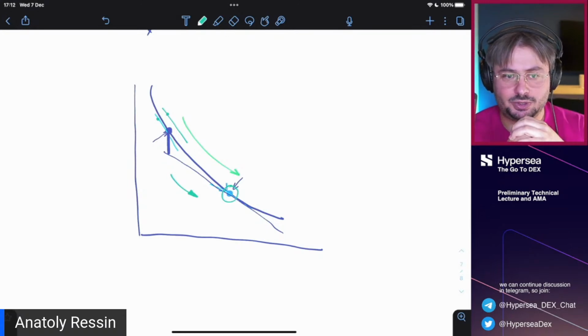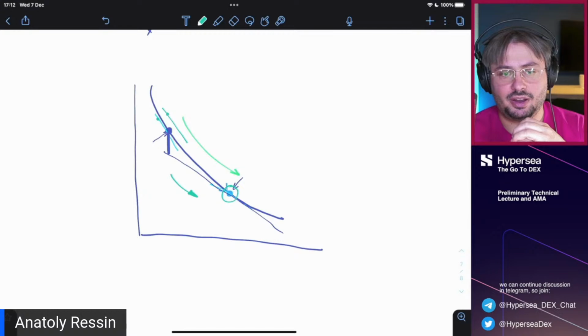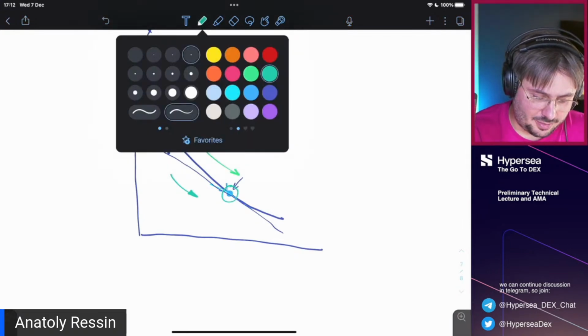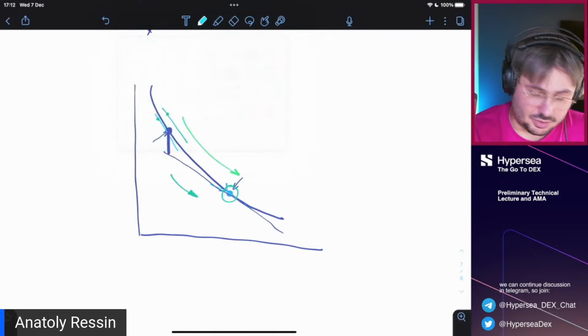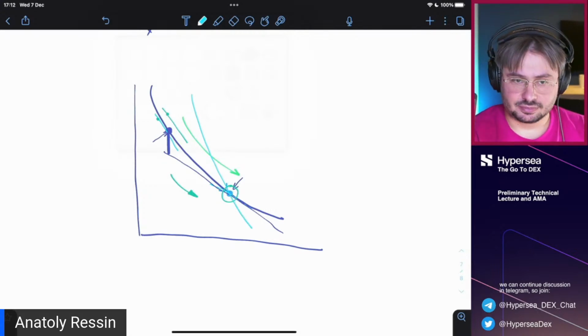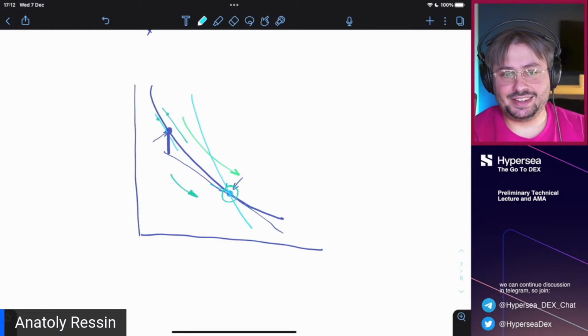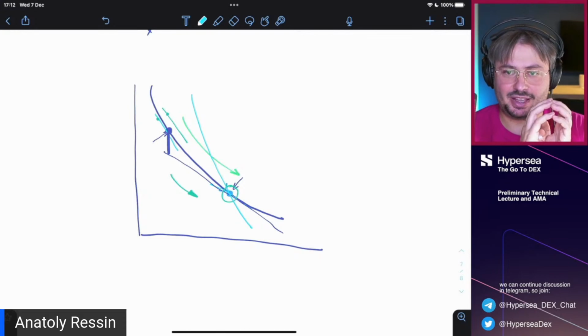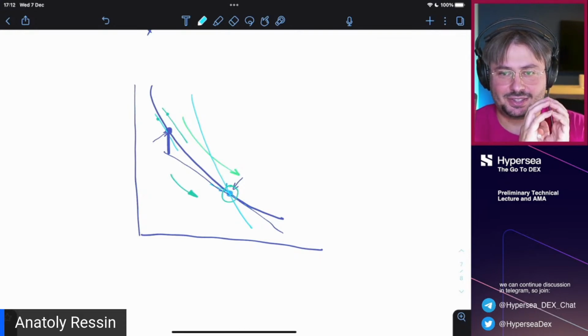And what we actually do is change the trading curve, but we change the trading curve in such a way that the trading curve should go through our point. But in the new equilibrium point, it should have the same arbitrage momentum as before.